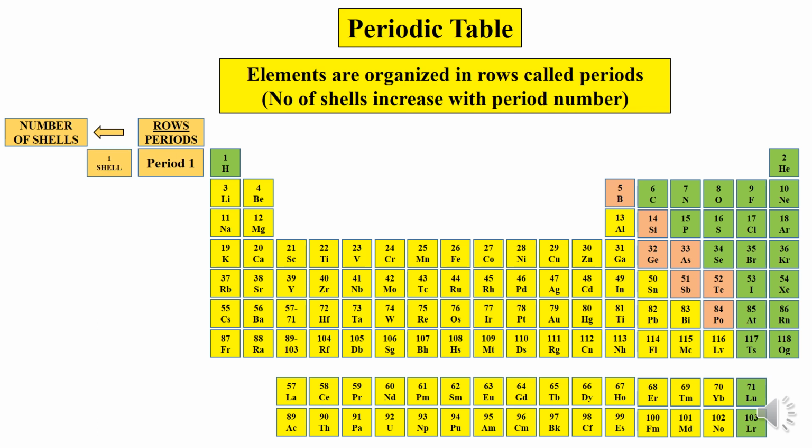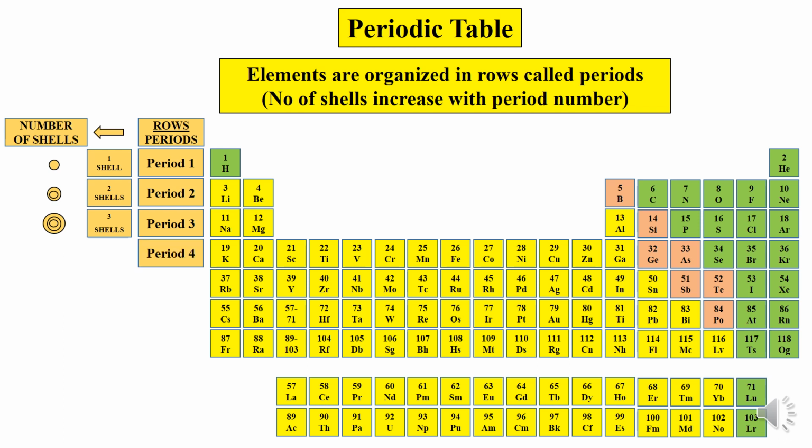Period 1 elements have 1 shell. Period 2 elements have 2 electron shells. Period 3 elements have 3 electron shells. Period 4 elements have 4 electron shells. Period 5 elements have 5 electron shells.